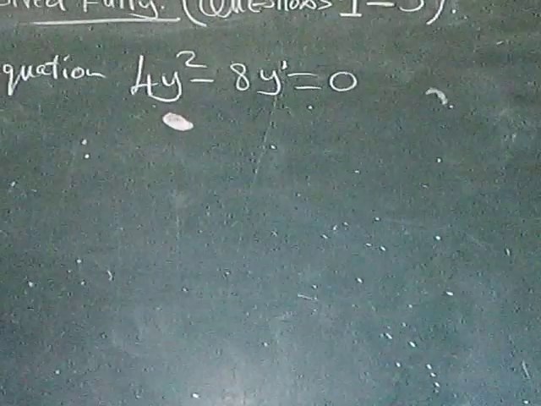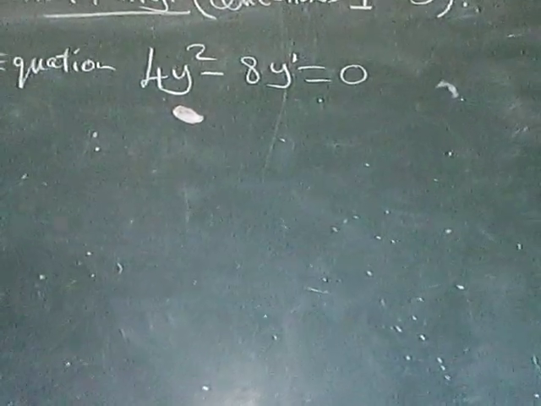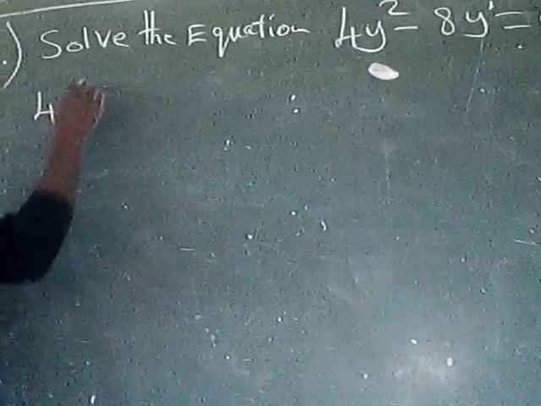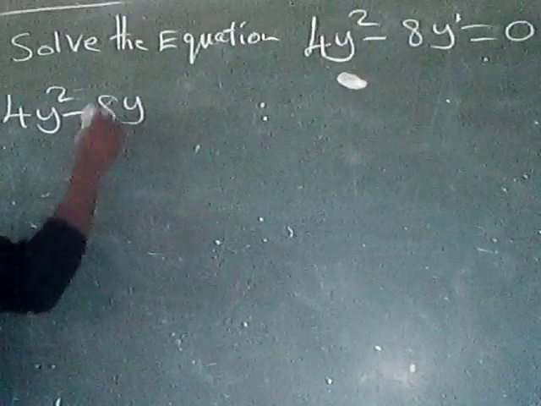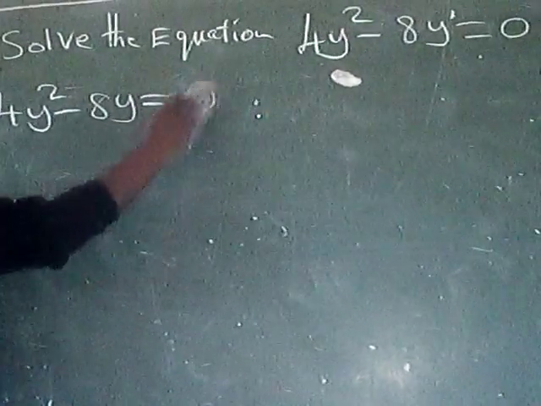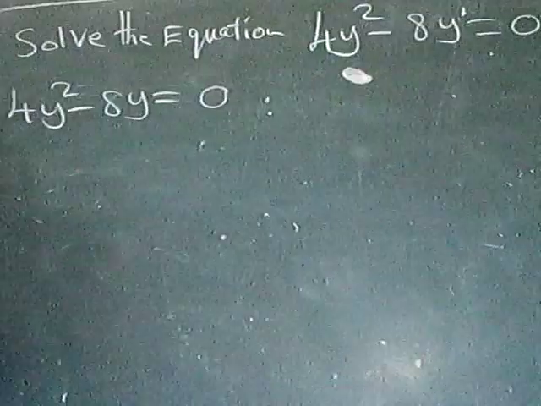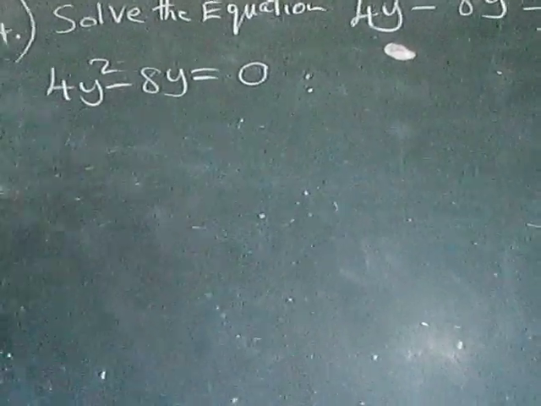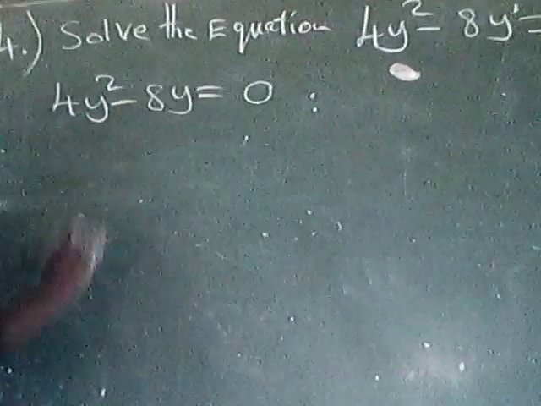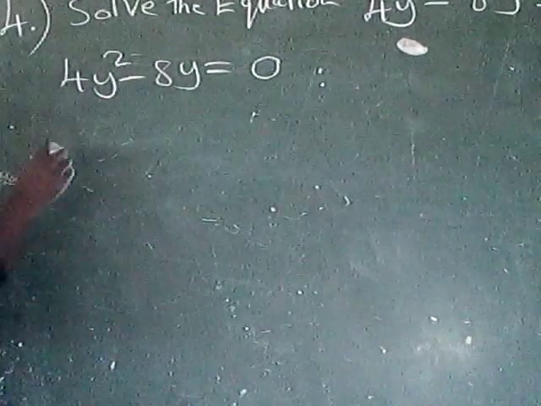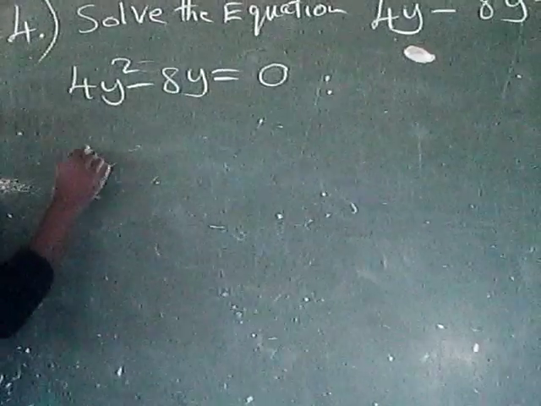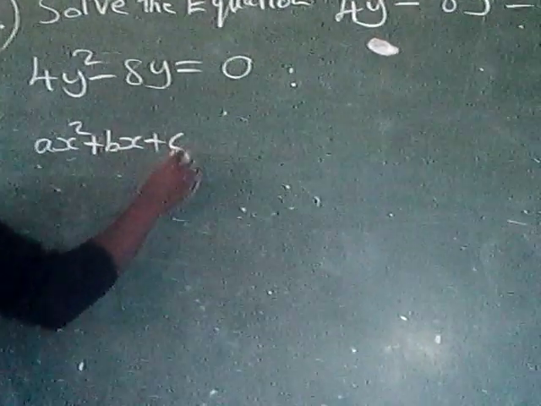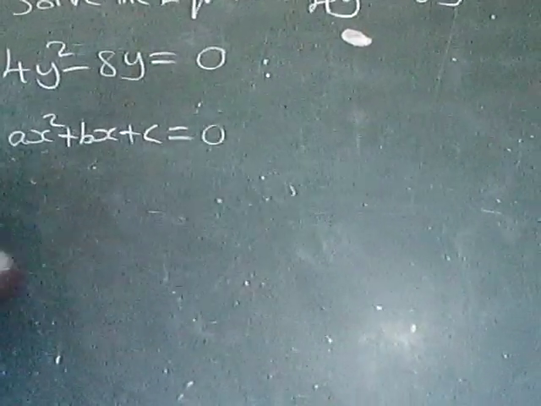Take note, always. So then how do you go about it? We write the equation, that is 4y squared minus 8y, this gives us 0. First and foremost, I'll take you back to the quadratic equation in standard form. The standard form states that ax squared plus bx plus c is always equal to 0.